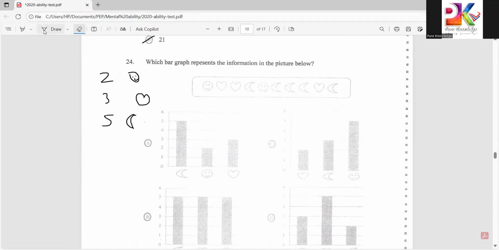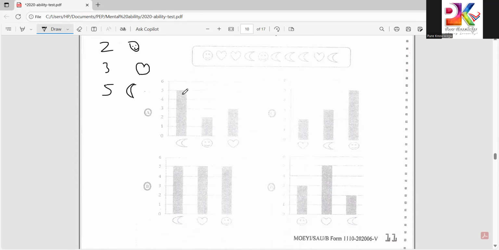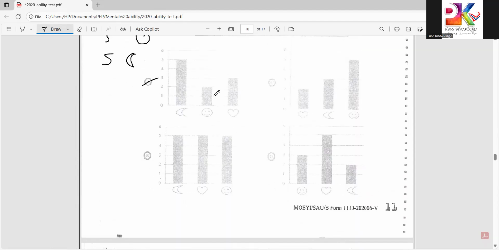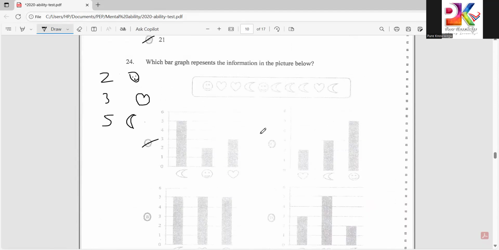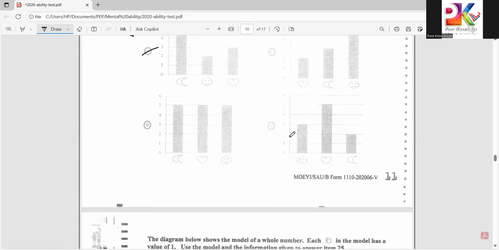So we're looking for 2 smiley faces, 3 hearts, and 5 moon shapes. So this says how many moon shapes? 5 moon shapes is correct. 2 smiley faces and 3 hearts. So I don't think we have to look anywhere further because this would have answered our question. All right, so the answer for item 24 is A.